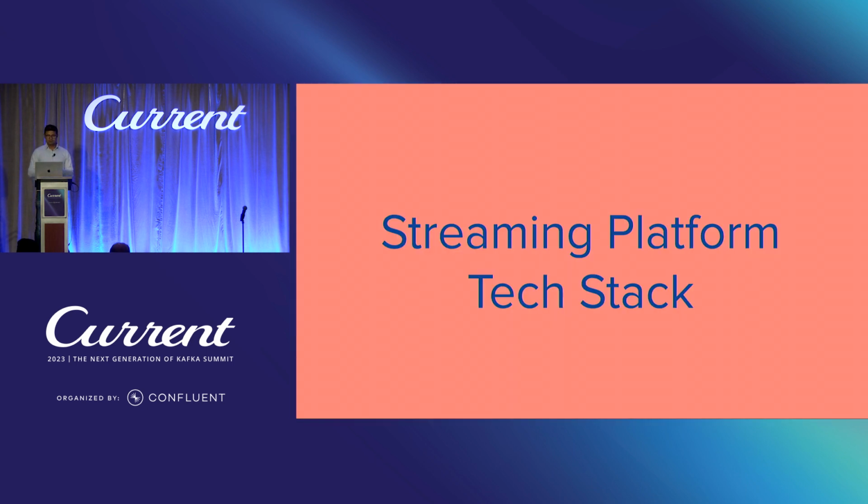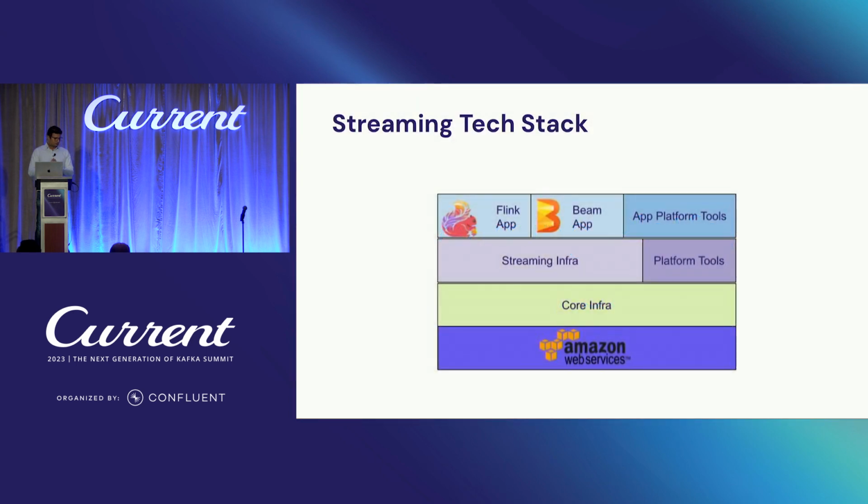So these were some of the use cases. Now we can talk about the streaming platform tech stack. In simple terms, our 10 or 20,000 feet view is this one. At the very bottom, we have Amazon Web Services. On top of it, we have core infrastructure, which ensures how the orchestration and everything is done.